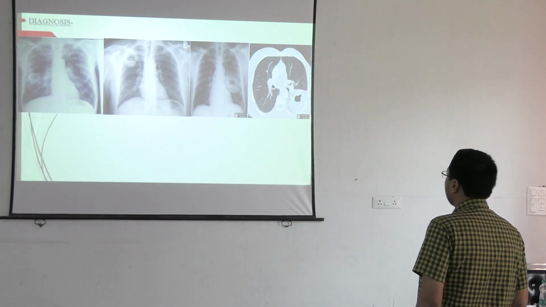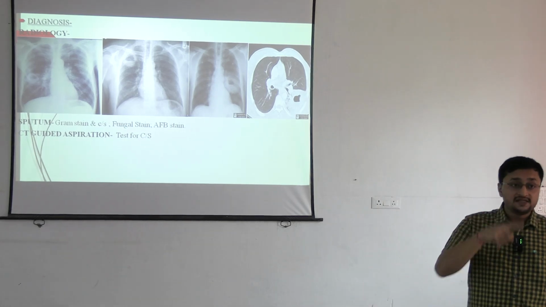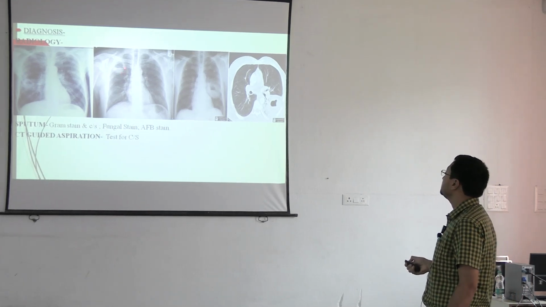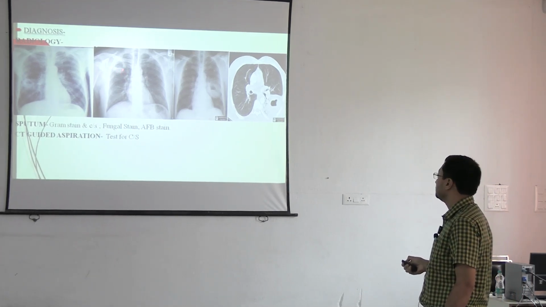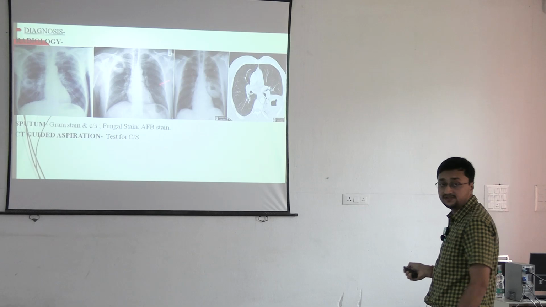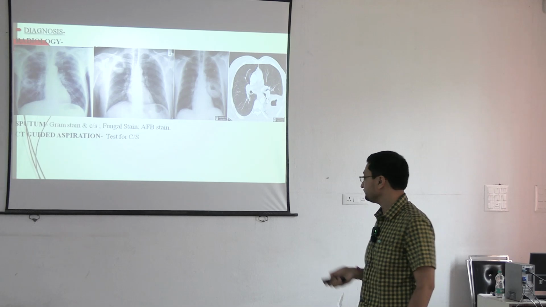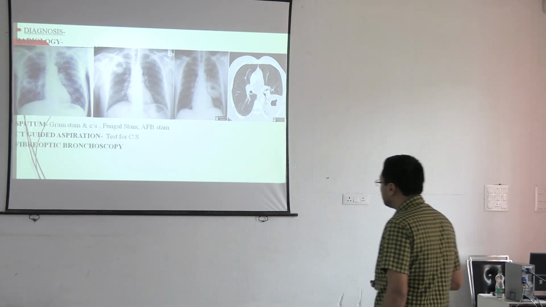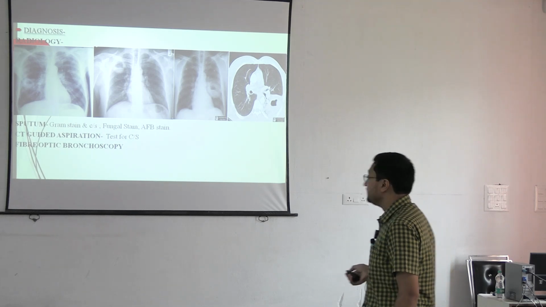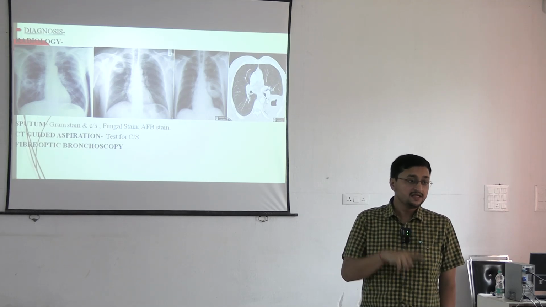The second thing, which is very important in lung abscess, is that wall thickness assessment must be done. Look here, this is the wall of the lung abscess. This wall is obviously thick, and this is in an unusual site, so this is a malignancy. So do sputum gram stain, culture, fungal stain or AFB stain, followed by CT guided aspiration or CT guided biopsy, which is not for every case of lung abscess.